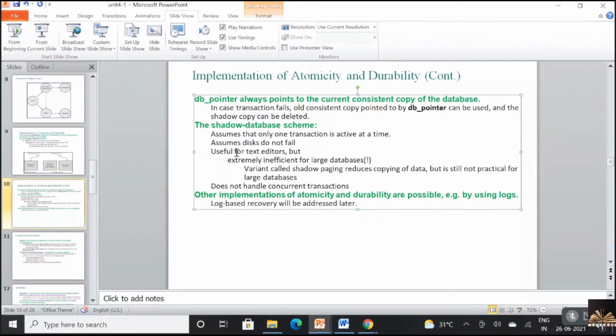And while you're working with the shadow-based scheme, you have to assume that there are no disk failures. And this is only efficient for smaller databases, and inefficient for large databases. So if your database size is small, you can use this shadow-based scheme.